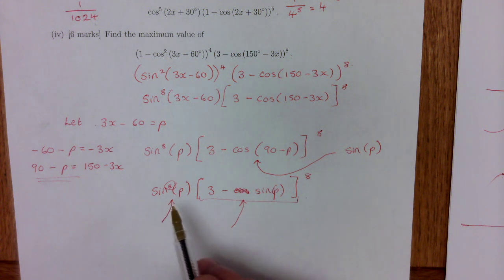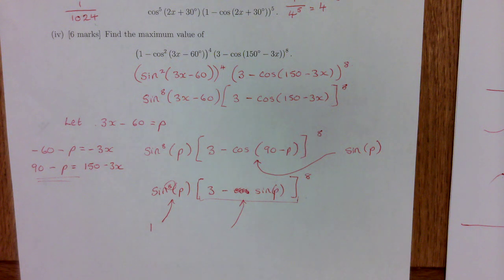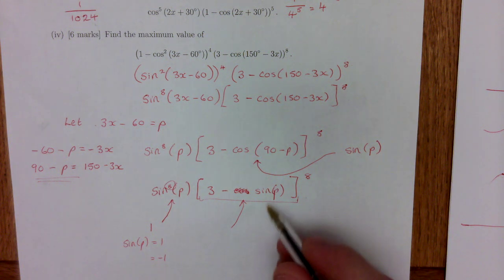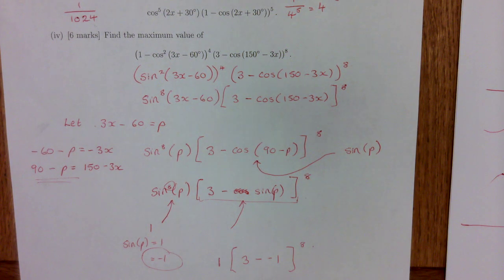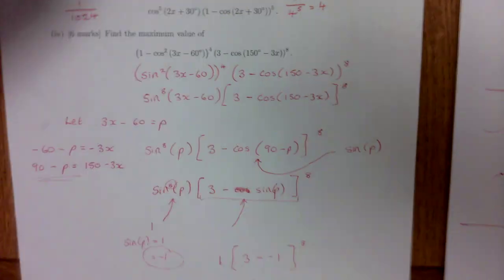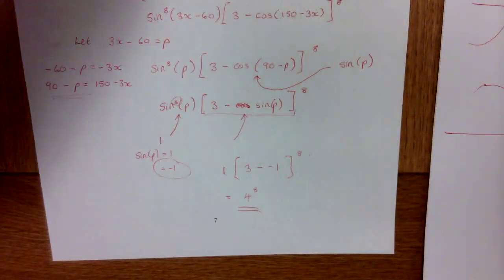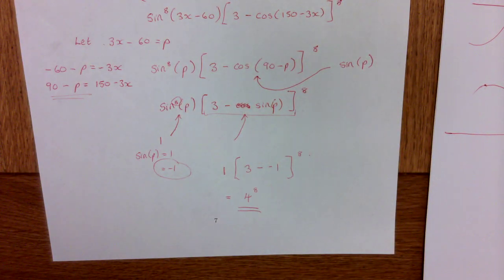So the maximum value anyway of sine to the 8p is 1. And that can happen when sine p is 1 or negative 1. And so we should see actually that if sine p is negative 1, then what we get is 1 multiplied by 3 take away negative 1 to the power of 8, which is 4 to the power of 8. And so that is the maximum value of that function.